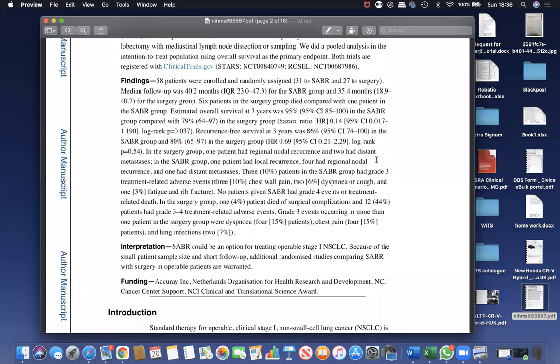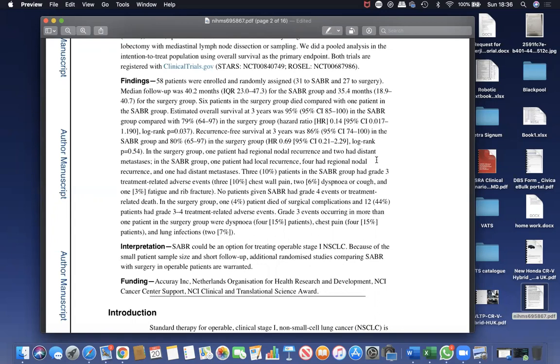This is surgery with systematic mediastinal lymph node dissection versus localized radiotherapy to one area. They are telling you that localized radiotherapy to one area, with nothing done to the lymph nodes, has less recurrence than surgery, which is so invasive.